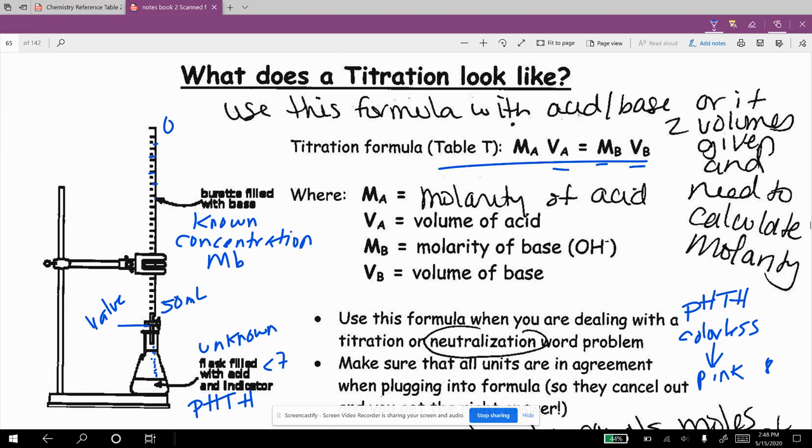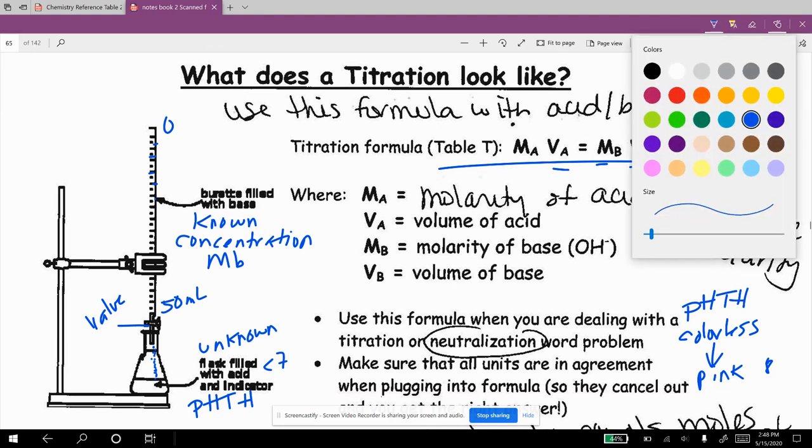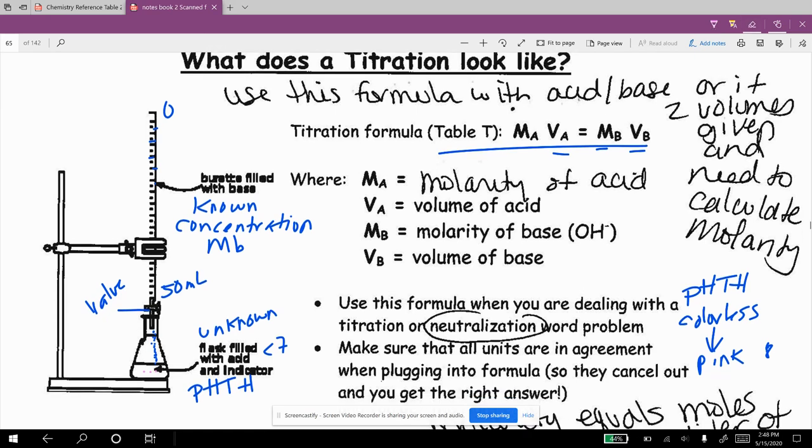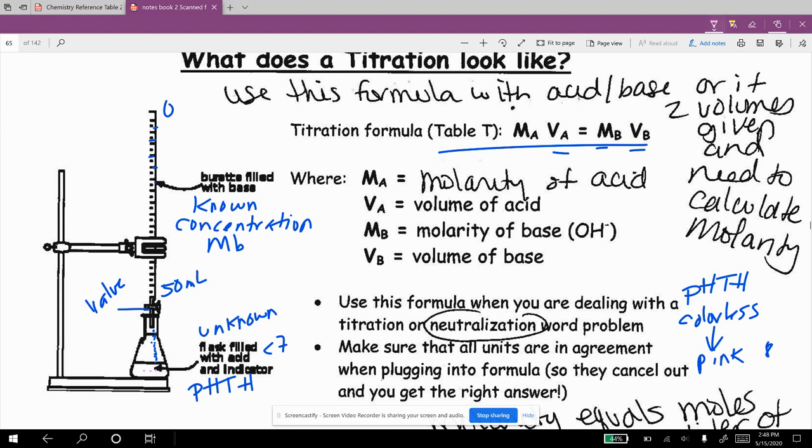As I start adding this clear base, you're going to start seeing little bits of pink, and then the pink will go away. But as you keep adding that base, you're going to stop just when it hits light pink.